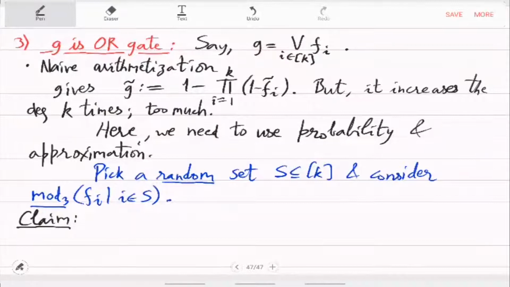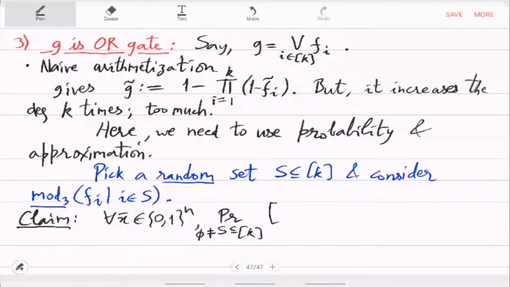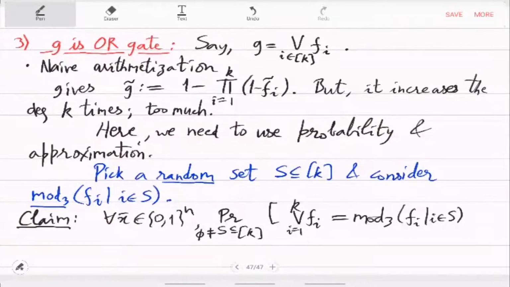So for all inputs, probability over S, non-empty subsets that you are choosing randomly, probability that OR equals this mod 3 is high.